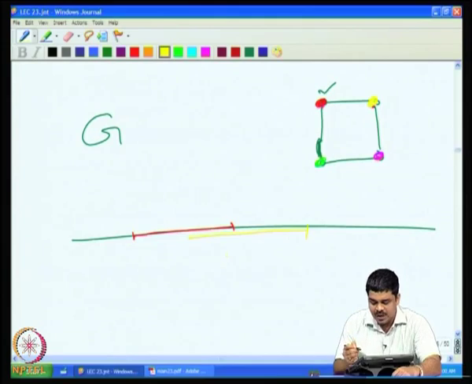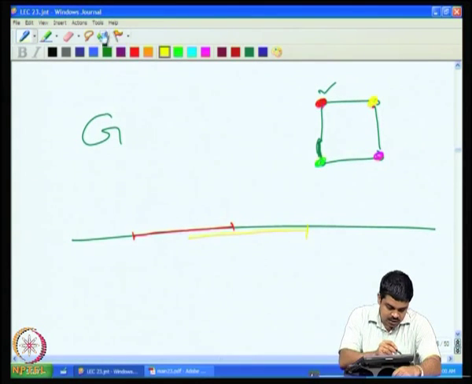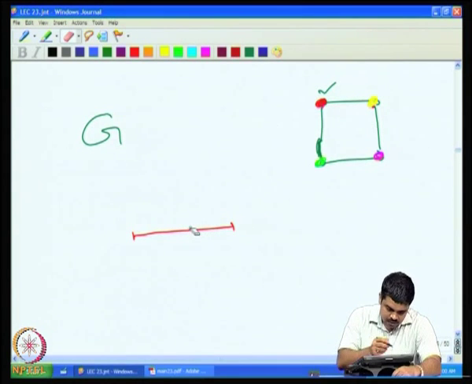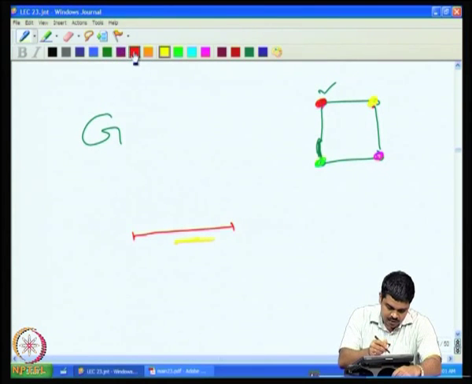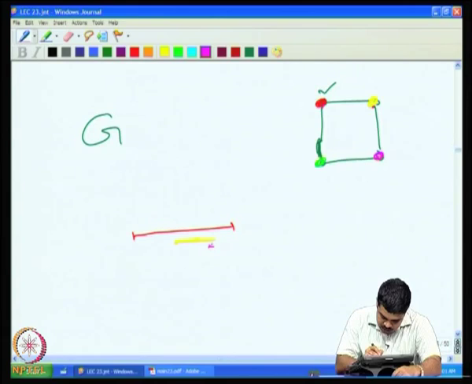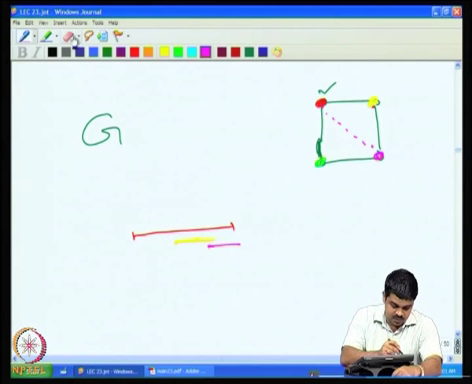No, because then where will I put violet? If I draw yellow completely inside red, then when I put violet, violet will have to touch yellow, but then it will automatically touch red also, which is not allowed because there is no edge there. So, the yellow has to come out of the red, that is very clear.